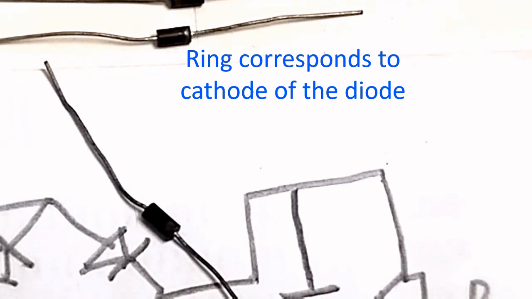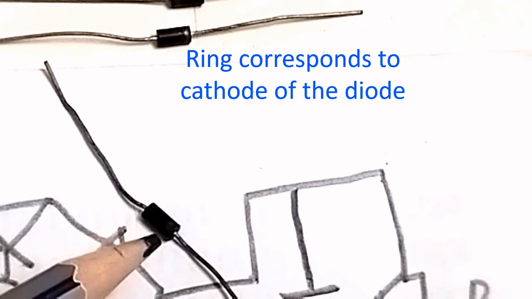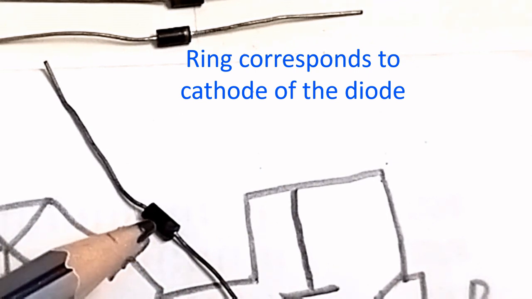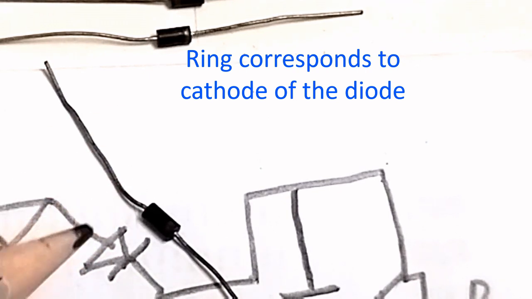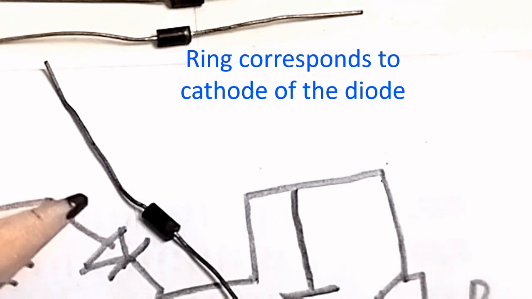Here also there is a ring, but it is not so clear in this zoomed image. The ring corresponds to the cathode, and the other part corresponds to the anode. That is how you connect the rectifier diode in the circuit.